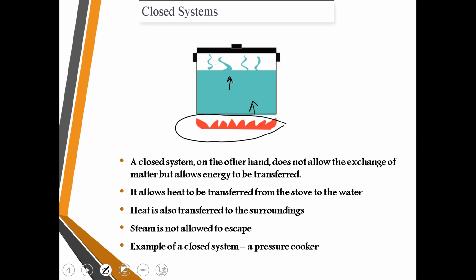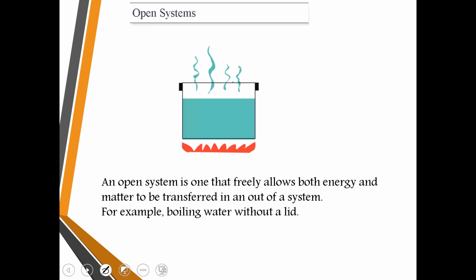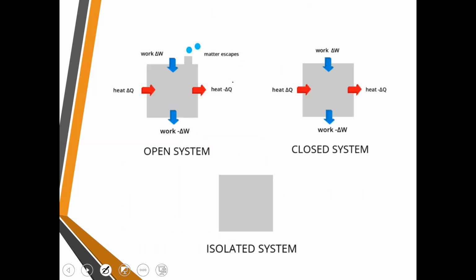I know you know what a pressure cooker is. If you try it, no steam is allowed to go outside. So this is an example of closed. Nothing is added or lost if you have a pressure cooker. This is the meaning of closed system.